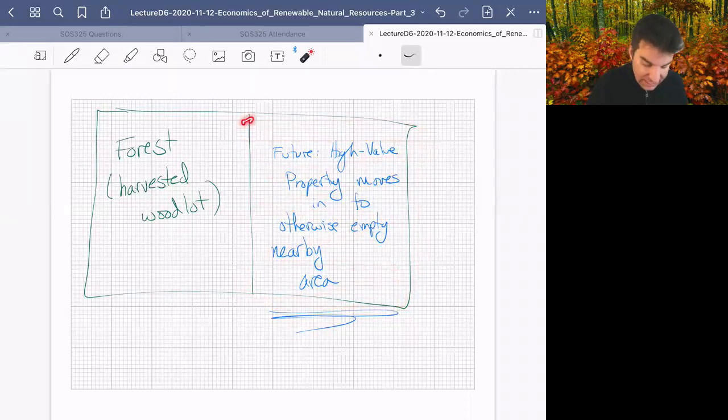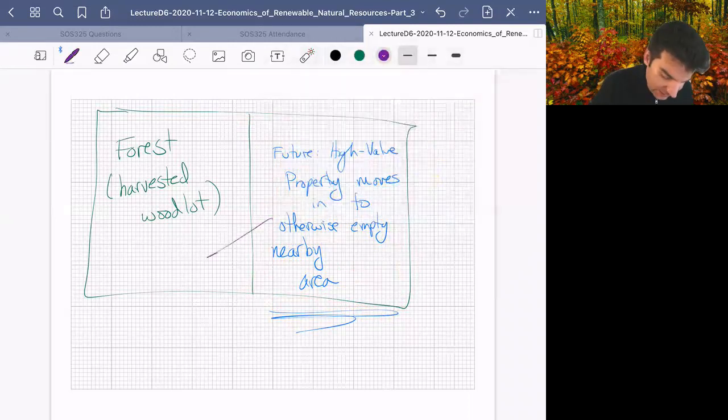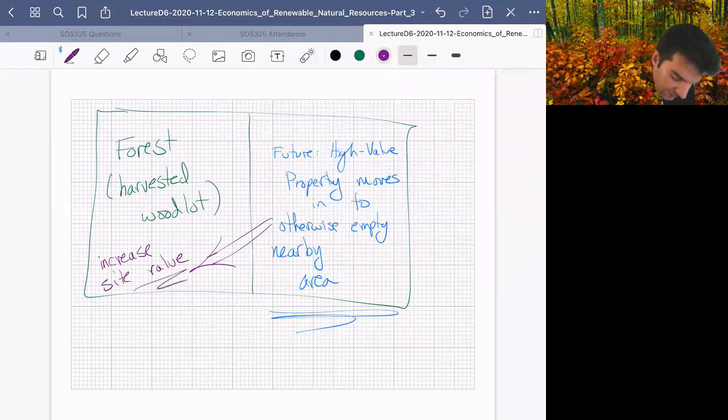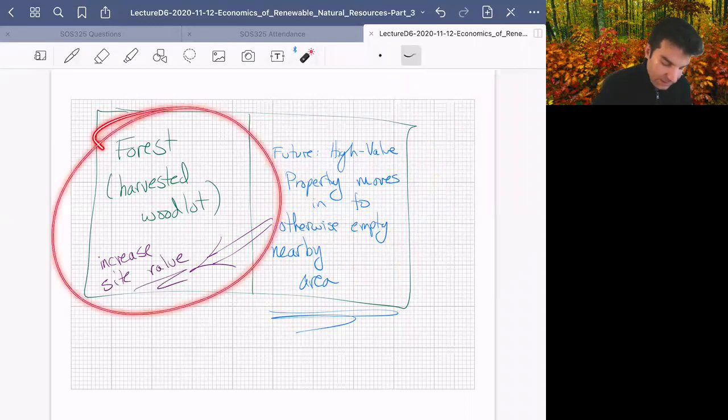However, economically, this area that you've put in here is going to change the site value over here. So this will have an impact, it will perhaps increase the site value of this land over here.